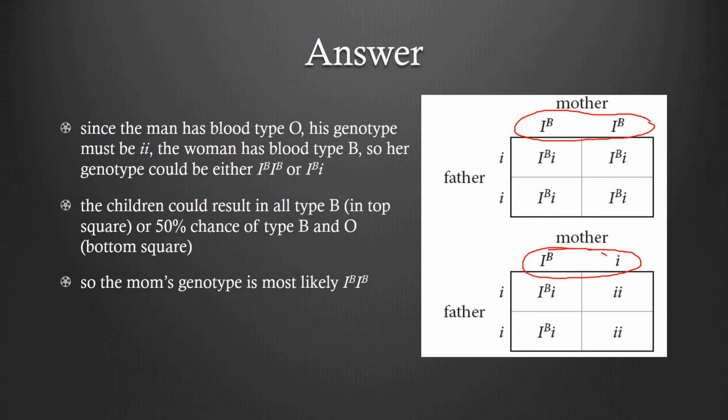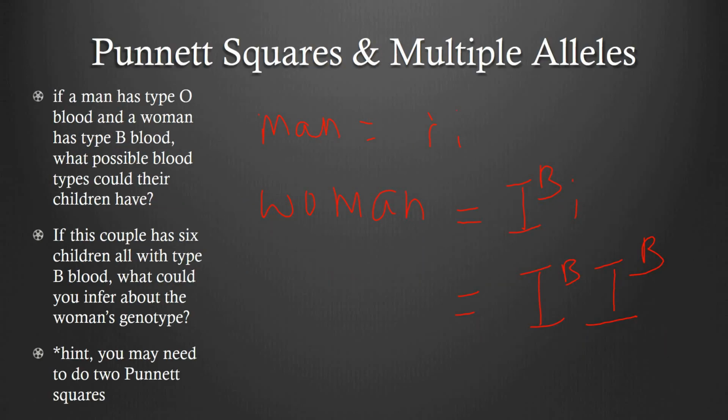We can see that the children could result in 100% type B if their mom is fully type B, or if their mom is heterozygous type B, then there's a 50-50 chance that their children could be type B and a 50-50 chance that their children could be type O. Let's take a look at the second question.